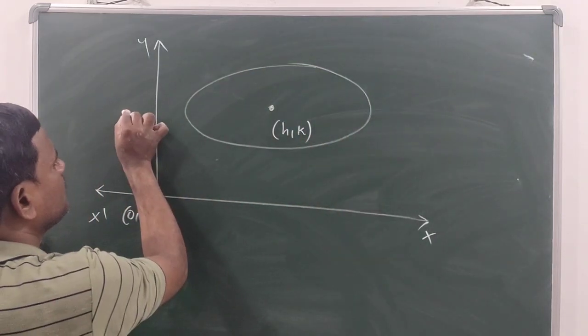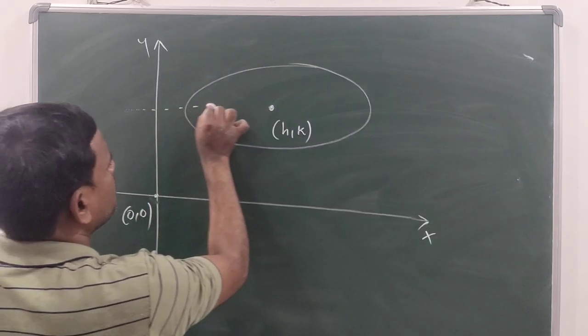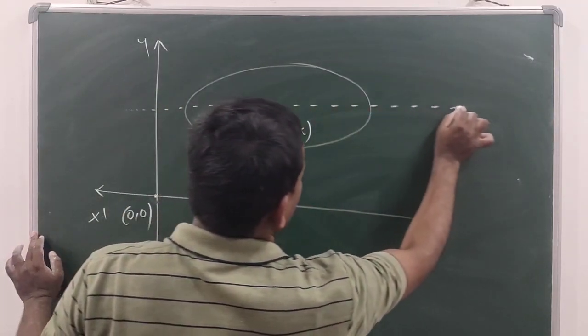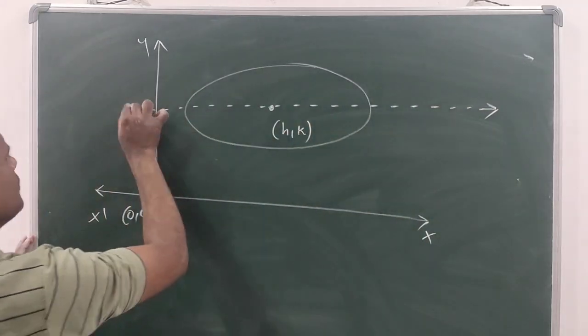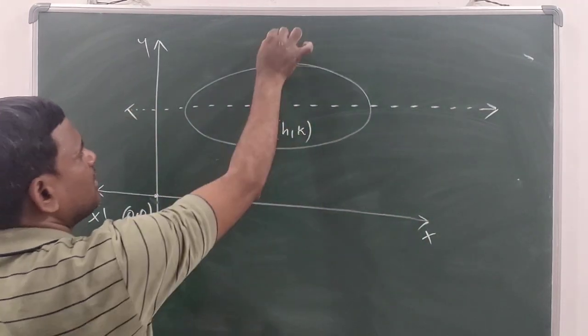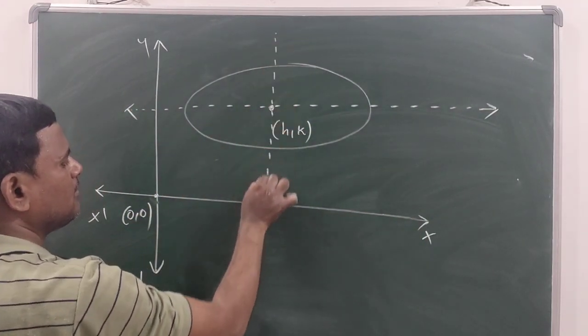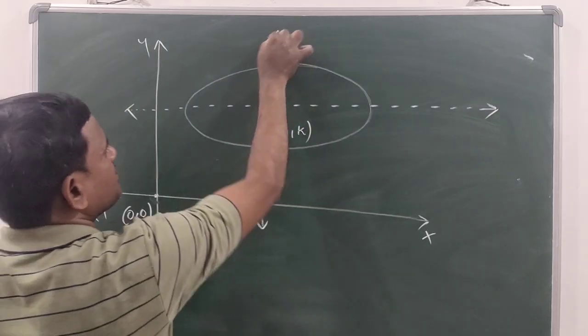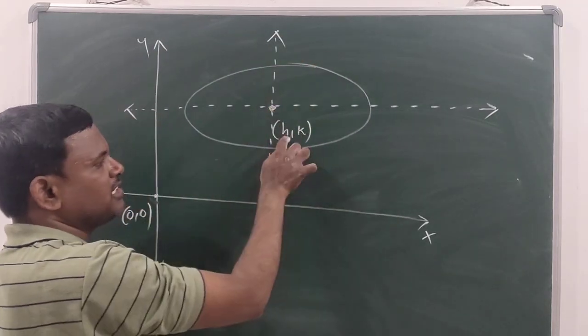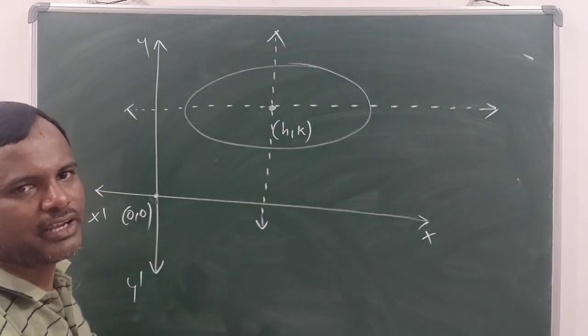For this ellipse, this is the major axis and this is the minor axis. Both are intersecting at this vertex h comma k.